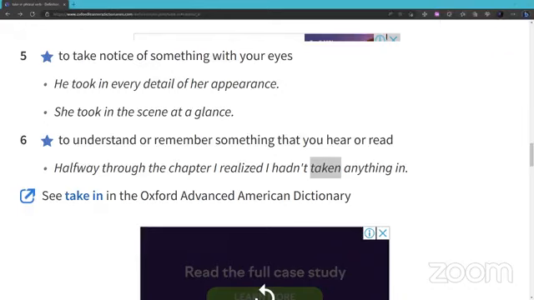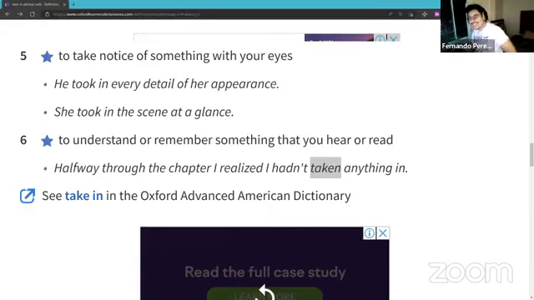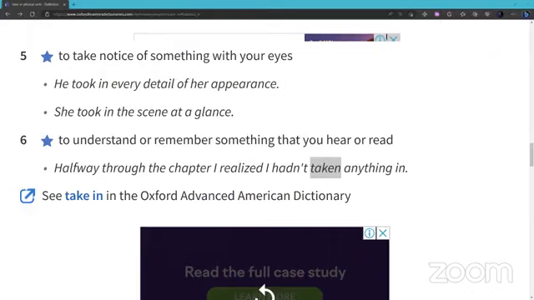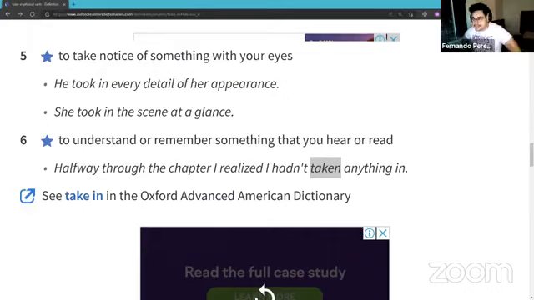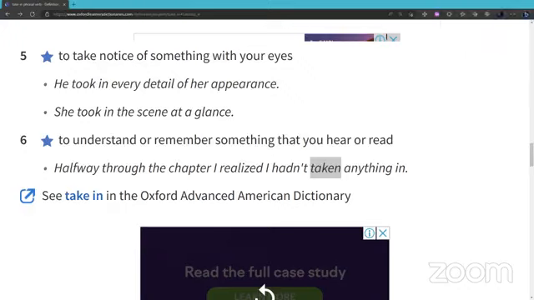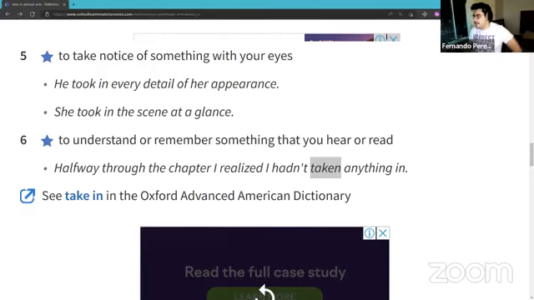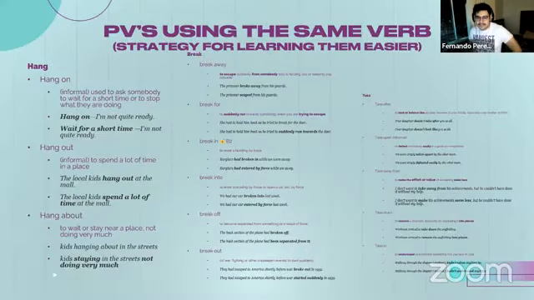It's only the position, but yes, you are correct. So, halfway through the chapter, I realized I hadn't understood anything in. Let's go. That is correct. Halfway through, I realized I hadn't understood.